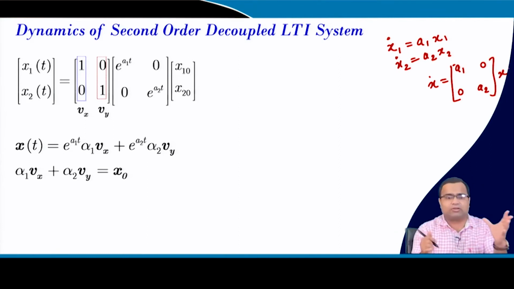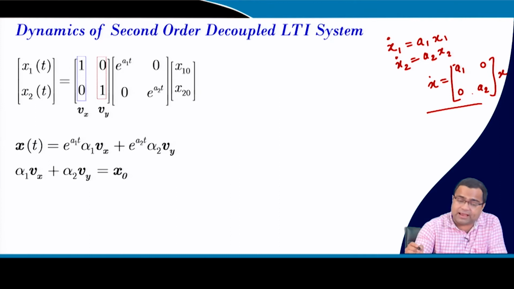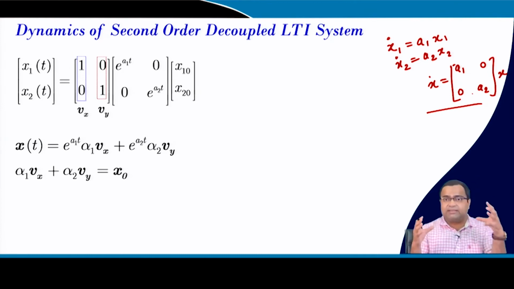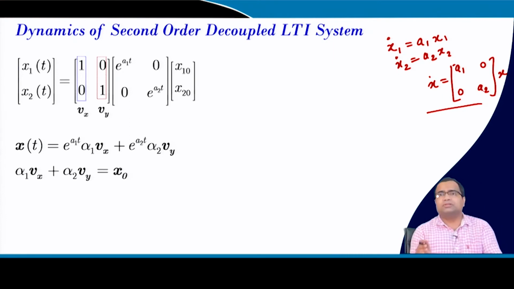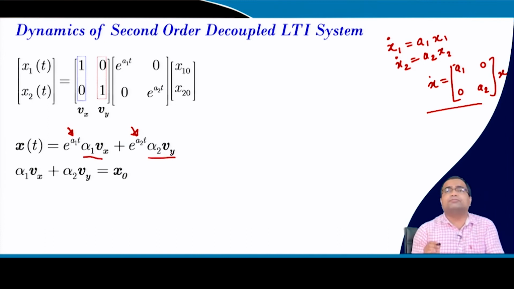For any second order system, whether it is in this form or another form, if we can find the eigenvalues, which we have not yet discussed, then in the next lecture the solution will be written in terms of e to the power of the eigenvalue times t, with alpha 1 times Vx and alpha 2 times Vy. For this case we consider a1 and a2 to be given.